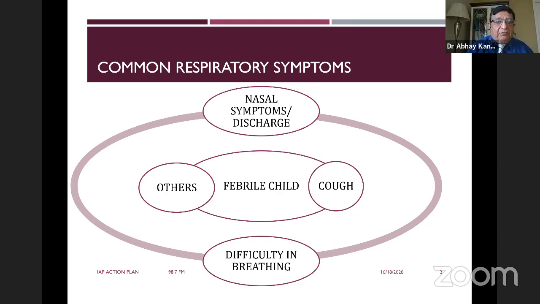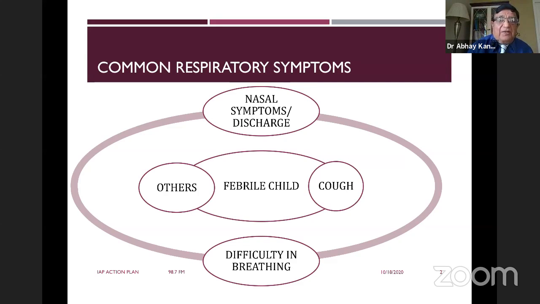So the child may have nasal symptoms, rhinitis, runny nose, or nasal itching, more common with allergy. There may be some nasal discharge, purulent or non-purulent, or the child may have predominantly cough, breathing difficulty, rapid breathing, or tachypnea, or there may be some other problem like ear problem, or stridor, or croup-like syndrome.